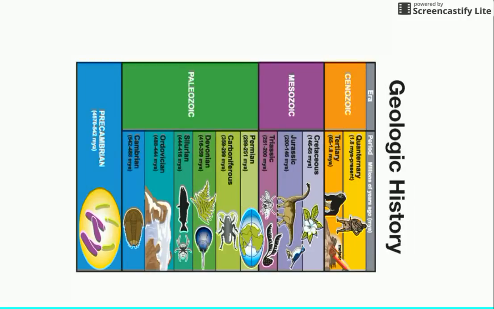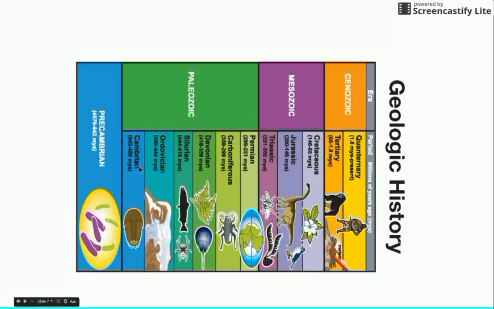This one I had to put on its side because I wanted you to be able to see it really well. But you'll notice that there's a large chunk of time that we consider Precambrian. And the Precambrian includes a lot of the microorganisms that were created.